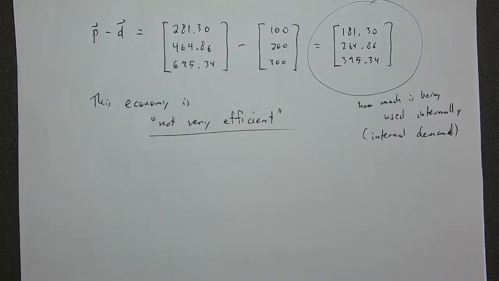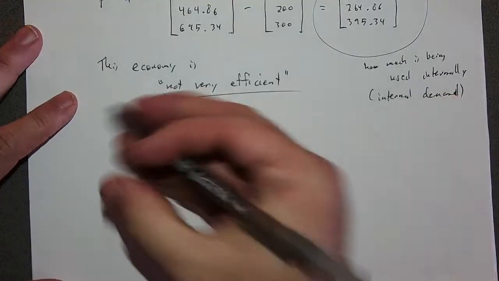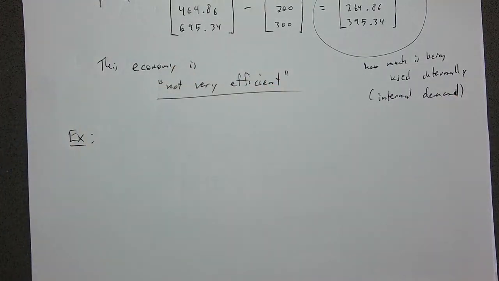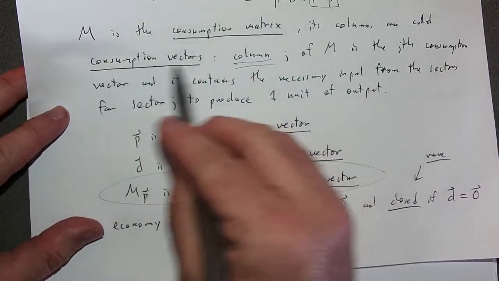Okay, so let's see an example of a more efficient economy. A more efficient economy is going to have a consumption matrix with smaller entries. Remember that the column vectors of the consumption matrix are the consumption vectors.